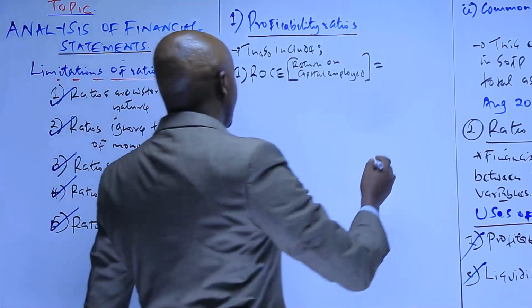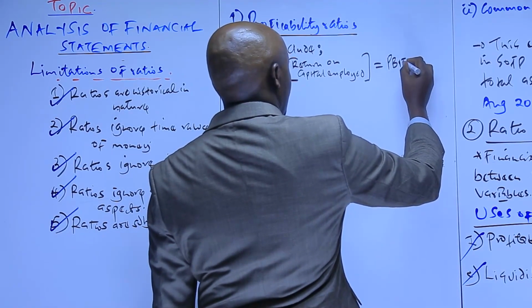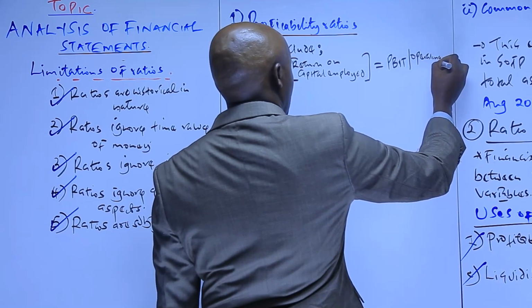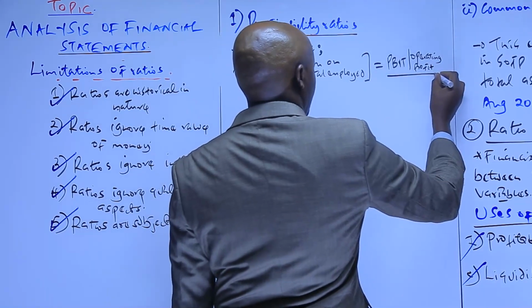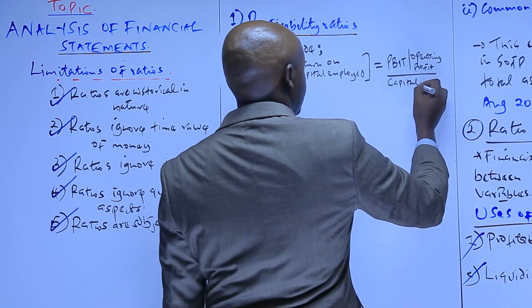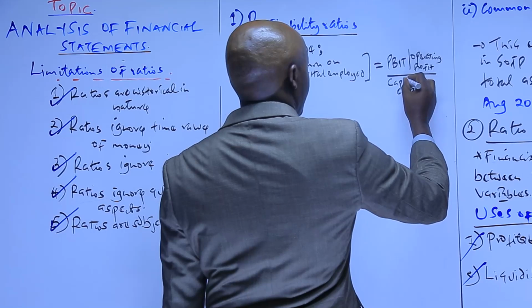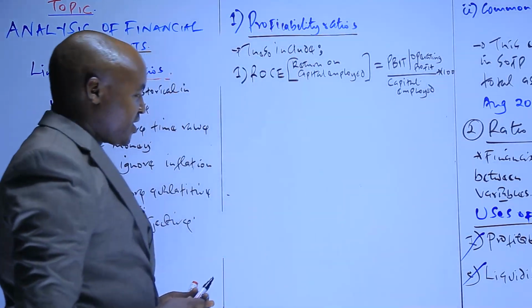This is computed by taking the profit before interest and tax, which is also known as operating profit, and dividing it by the capital employed. And because this is a profitability ratio, we express it as a percentage.